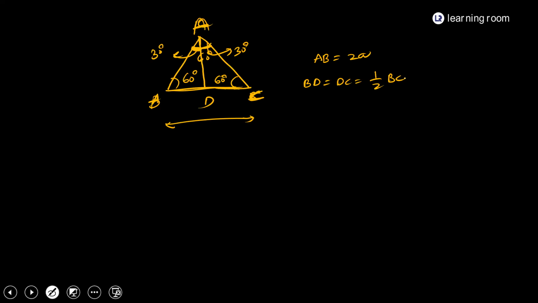Let's take BC equal to 2A, not AB. Okay, Hari. So then what is BD now? BD equal to DC equal to A. Clear? Because it is half, exactly we are bisecting, no? So BD will be equal to DC, which is equal to A. Okay, clear now?